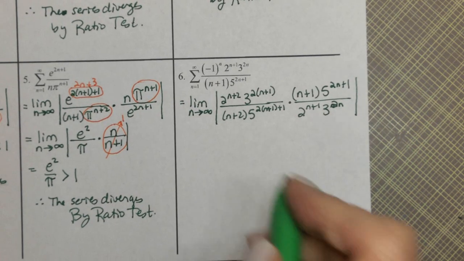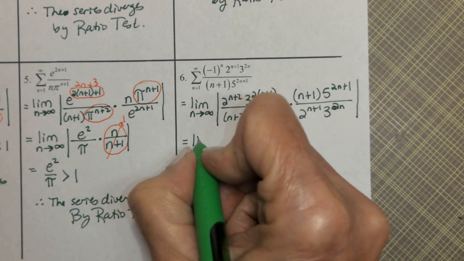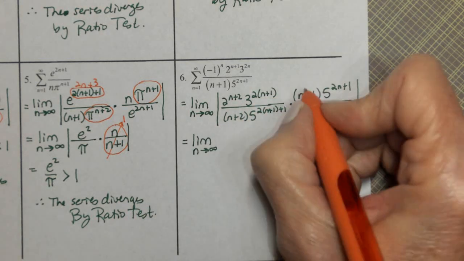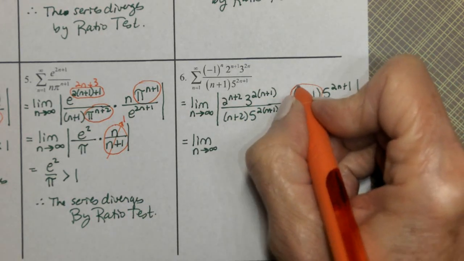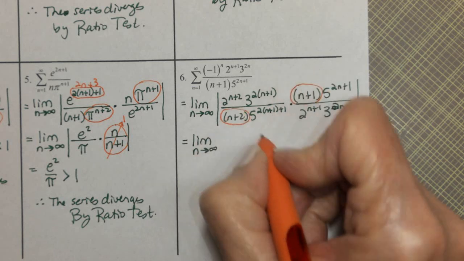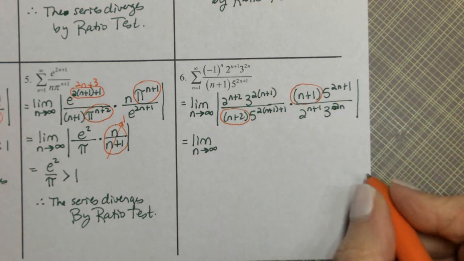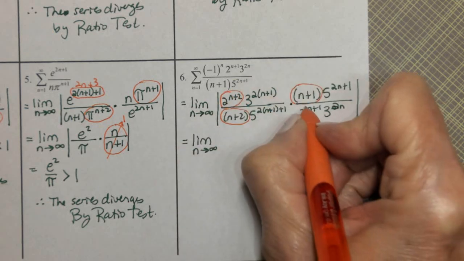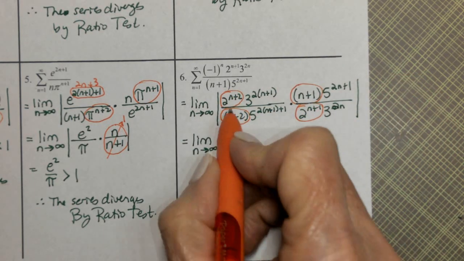Okay, we're going to have to be really careful here. I know that I can just move my n's to the back. They're not going to reduce, so I don't have to worry about those so much. Let's take a look at our 2's. We have 2 to the n plus 2 and 2 to the n plus 1.